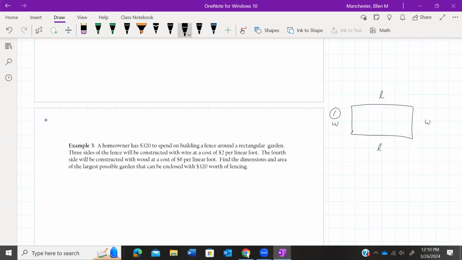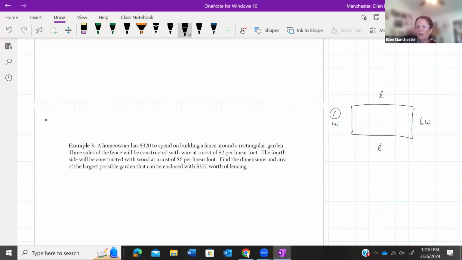Length. Okay, so if it's the length, that means I'm spending more, right? I have a limitation of what my cost could be, right? So I want my wood one to be one of the shorter sides.